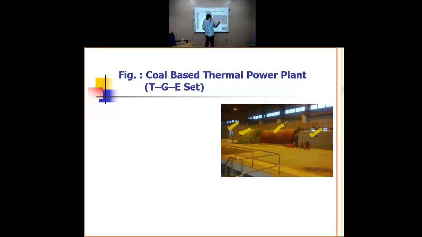This is the picture of the 115 megawatt power station of DVC Mejia in West Bengal.